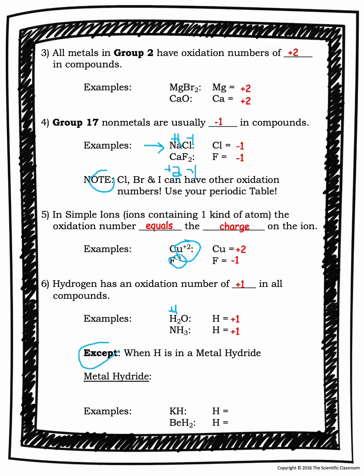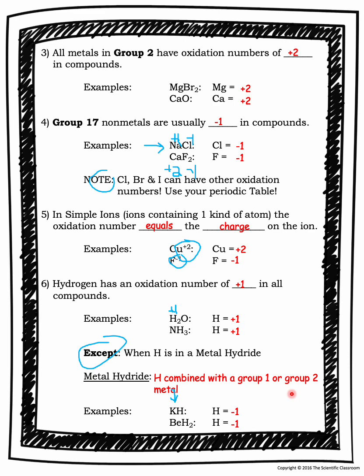The only exception is if it's in a metal hydride. So that would be, for example, it's paired up with something in group 1 or group 2. So for example, right here, this hydrogen is paired up with potassium, which is in group 1. Well, potassium is also supposed to have a +1 charge. So if potassium has a +1 charge and hydrogen has a +1 charge, that would have an overall charge of +2, which isn't true. So if it's combined with anything in group 1 or group 2, hydrogen will have a different charge.